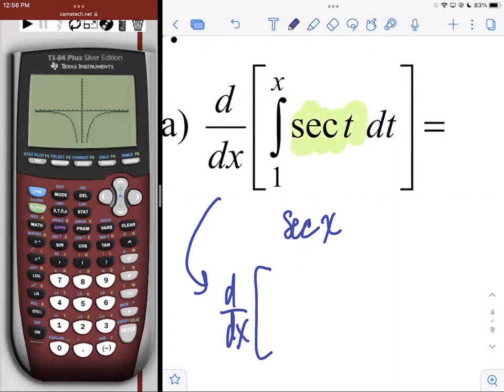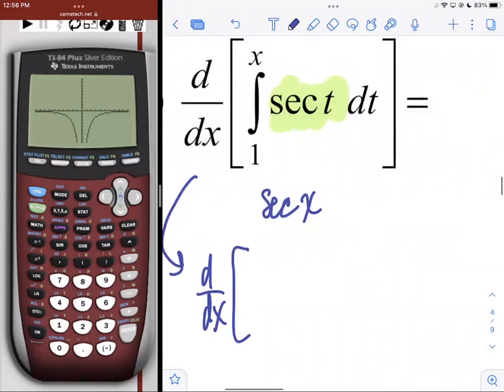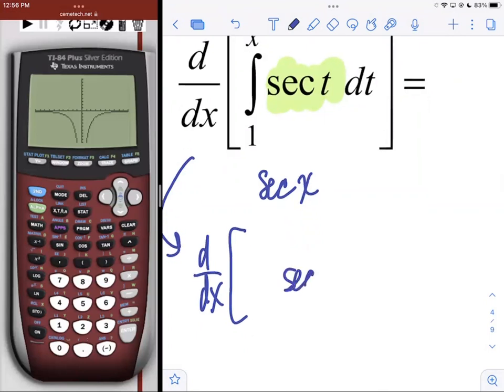What is the antiderivative of secant? Well, that's the derivative of secant. Now, if you remember what I told you, the antiderivative of secant is exactly like the derivative of secant, which was secant t tangent of t.